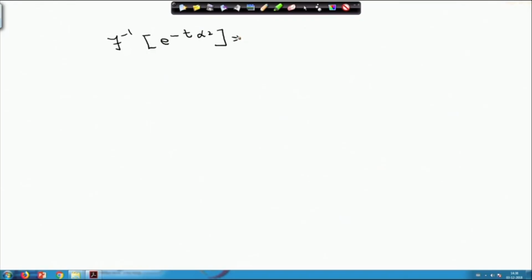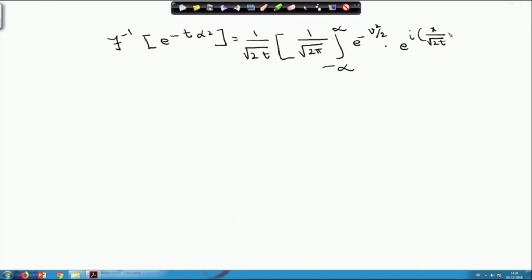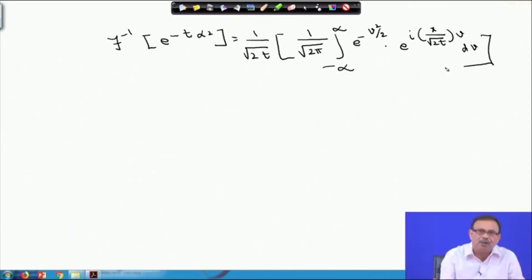This is equal to, I am rewriting it, 1 by root 2t into 1 by root 2 pi integral from minus infinity to infinity e power minus v square by 2 into e power I into x by root 2t into v dv. The inner portion is nothing but the Fourier transform of e power minus v square by 2.